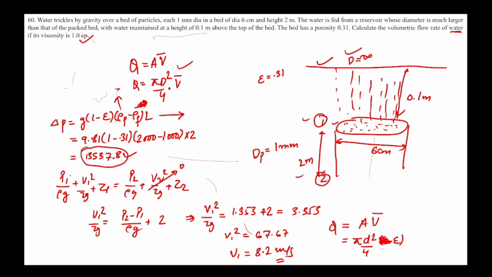Into E, the porosity of the bed, into velocity 8.2, because the water will pass through the pores only. So after solving this, you will get the volumetric flow rate through the bed, which is going down.